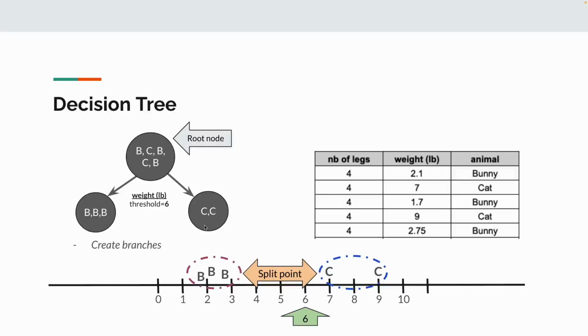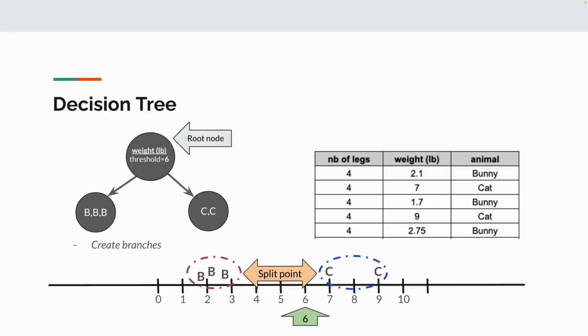This bunny will go to the left, this cat will go to the right, given that you chose 6 as your splitting point. You can clearly see that these 2 cats will go to the right and these bunnies will go to the left. So that's the idea.